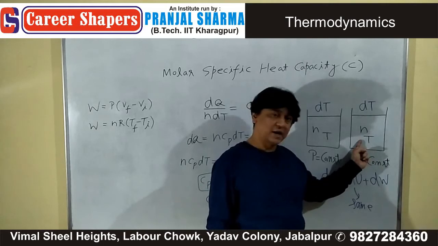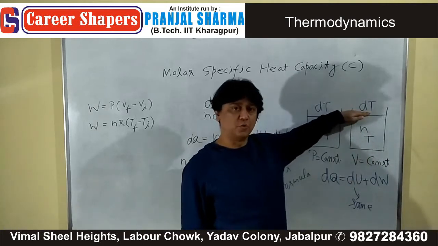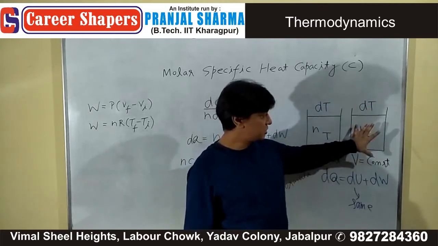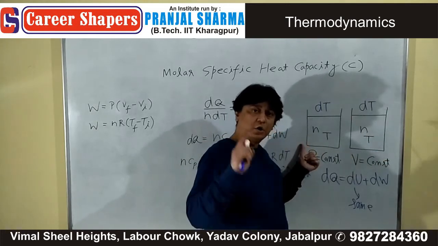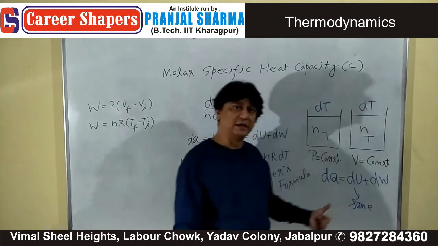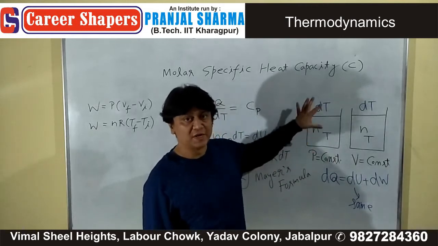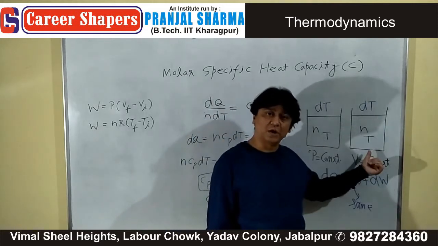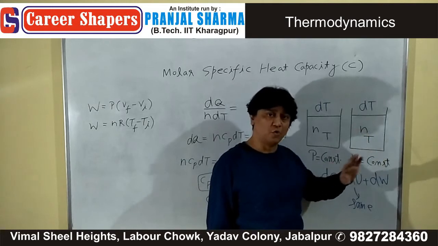Whereas in isochoric, this piston is not moving. If the piston is not moving, then the work is what? Zero. That means for the isobaric part, your heat is increasing temperature or internal energy as well as doing some work. For isochoric, it is only increasing what? Temperature, that is internal energy, and doing no work.